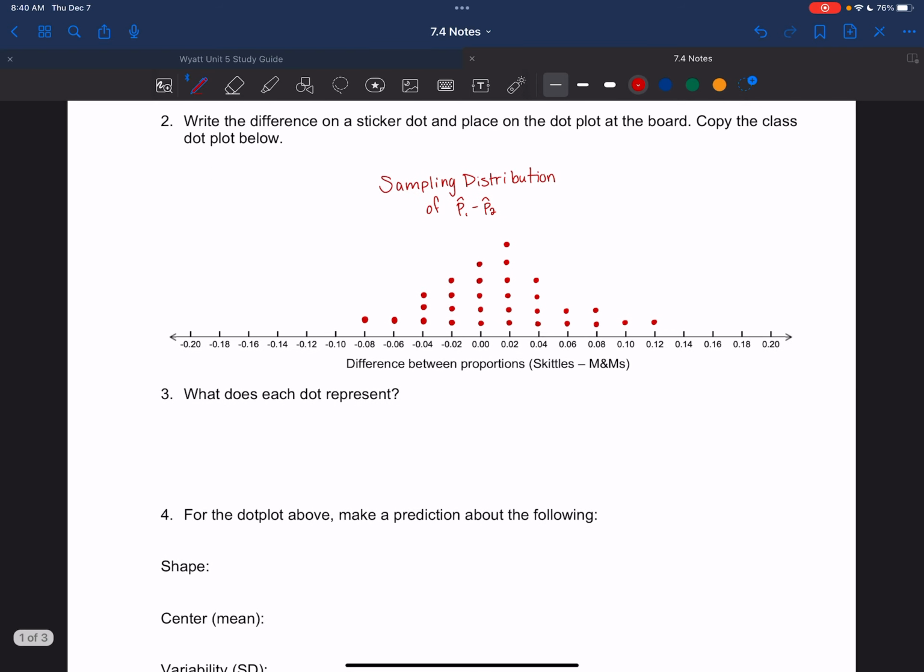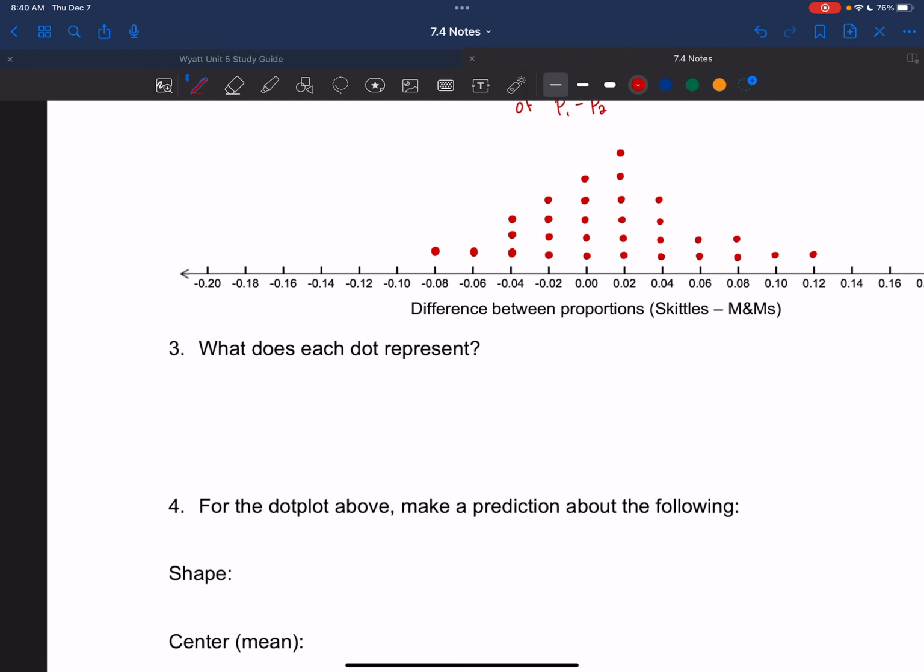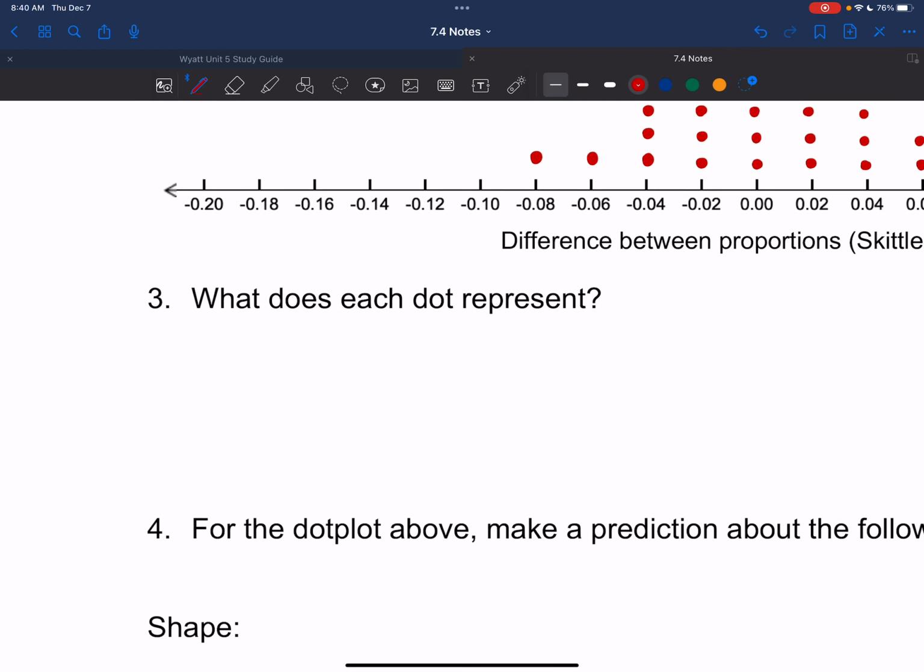And now number 3 says, what does each dot represent? Okay, so kind of like last time how we said each dot represented a proportion of orange pieces in 50 pieces of Reese's Pieces. And so on this one, since we're looking at a proportion and we're doing p hat 1 minus p hat 2, it's going to represent the difference in proportions of orange candies for one sample of Skittles and one sample of M&Ms, because those are the two samples that we're looking at, right?